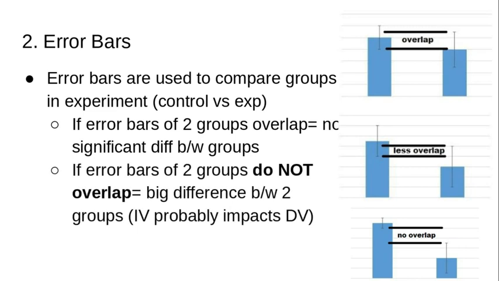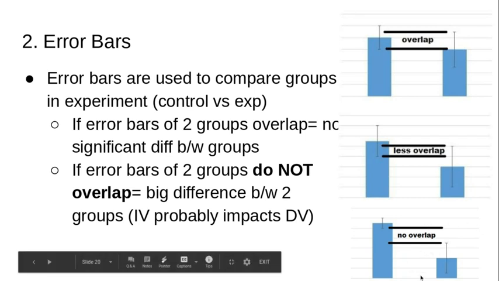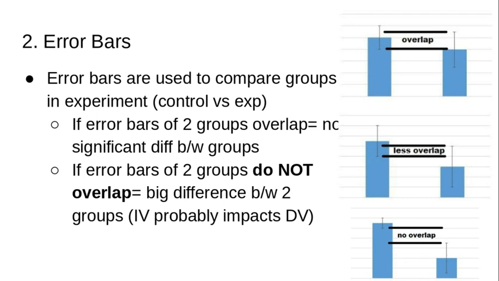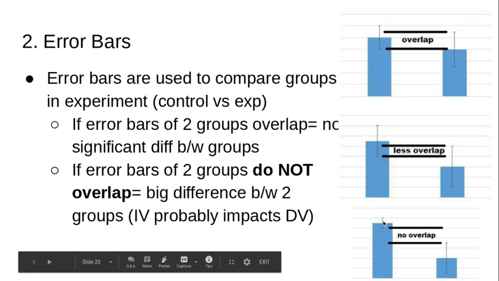What is interesting is if the error bars from the groups you are comparing do not overlap. That is this example down here. In this example, number one, there's a very small error bar over here on this data set, which means there was very little spread in this data. Over here, there's a lot of variance. But when I compare the 2 groups, the top of this error bar does not get into the zone of the bottom of this error bar.